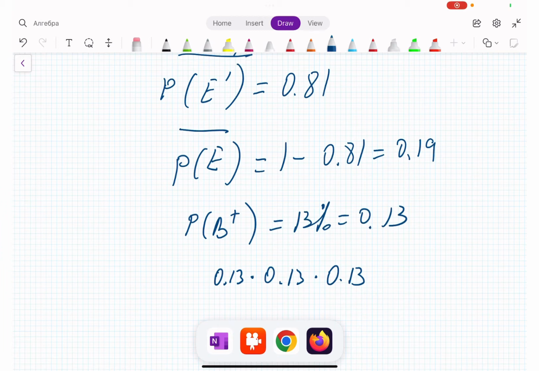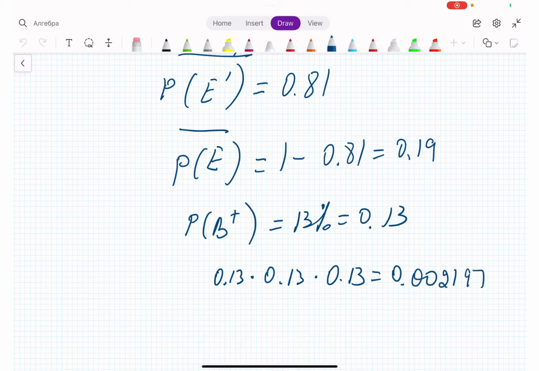So from here, what we are going to do is multiply. So let me see, 0.13 times 0.13. I don't want to turn my calculator to scientific to raise to power 3. Just simply multiply 3 times. And I'm getting 0.002197. Let's see what the rounding deal is.